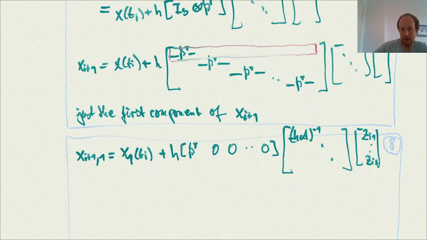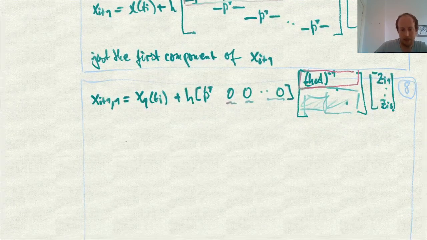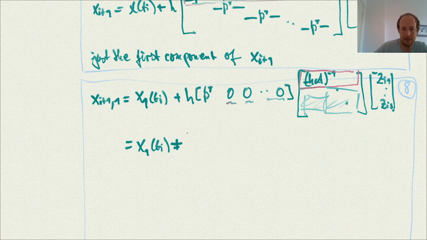And you see that this basically picks out only the first rows of this matrix, because these zeros they meet here, and this will be all gone in this final product, and that's then how one arrives at this x of t_i plus h.